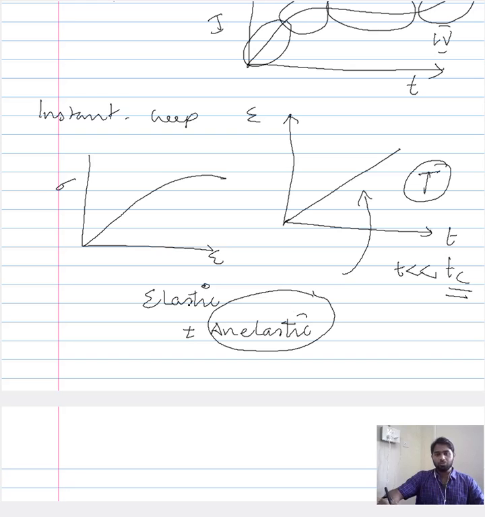Now, in addition to this elastic and anelastic behavior, it is also possible that the material can deform plastically at the very instant. So, there can also be the permanent movement or propagation of atoms, thereby establishing a permanent change, and this could also happen during the instantaneous creep stage.